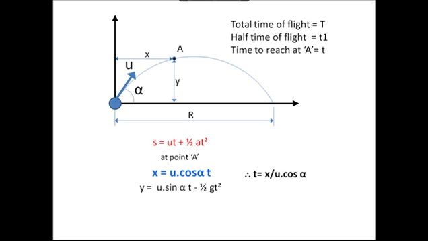And if you substitute t from the x expression into this expression for y, we get the relation between y and x, eliminating t. And this is actually the equation of the curve. And you see the x square term there, it means this path equation tells us that it's a parabolic path.